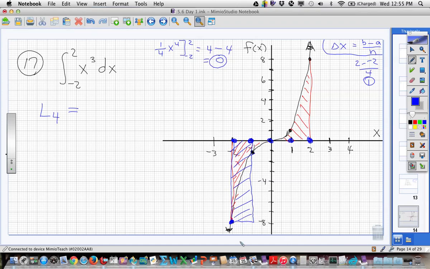Does that make sense? We've got to look at our subinterval. We've got to take the left edge of our subinterval and go to the function, and that's our height. So we go straight across. That's our rectangle.